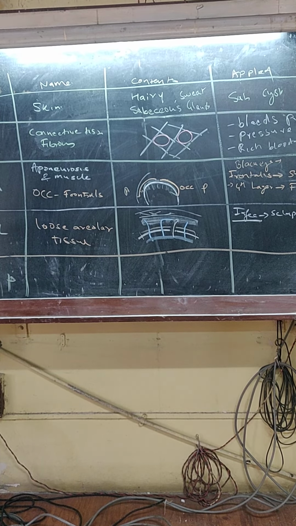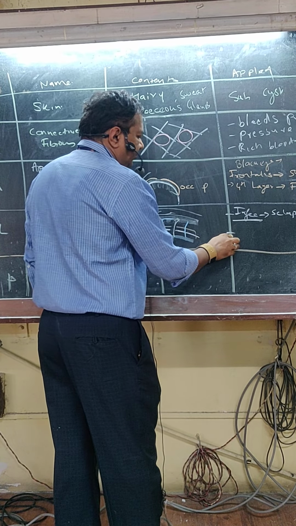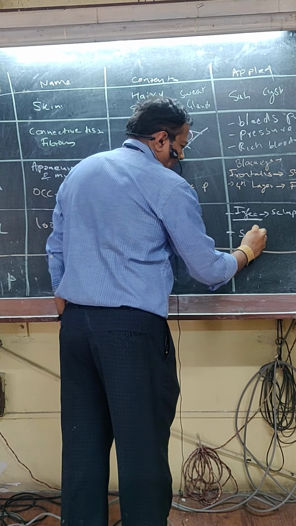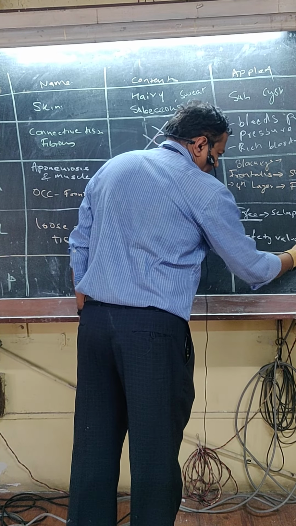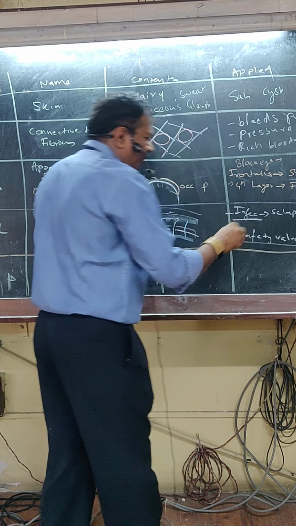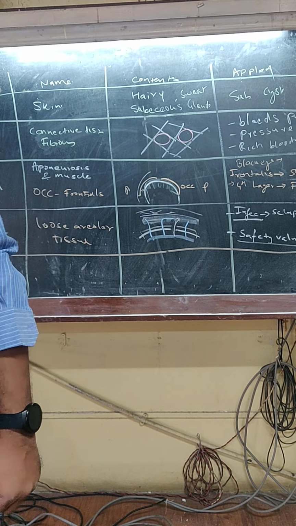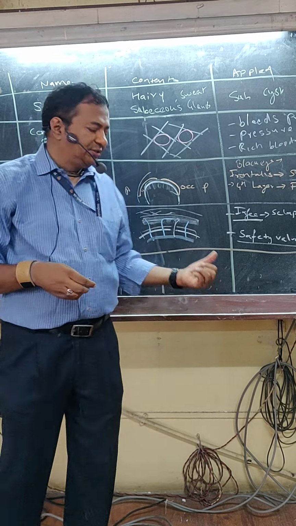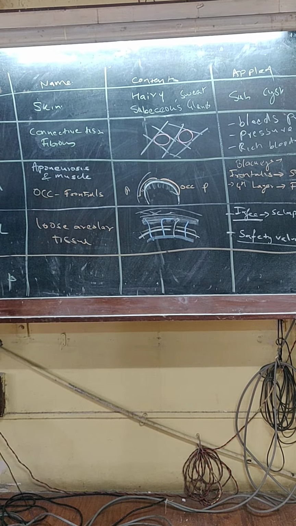And the second thing you should write about this is safety valve hematoma. ये बहुत कम चांस है कि आप एग्जाम तक इसको याद रखोगे. अगर रहा तो safety valve hematoma, because it saves the life of the patient.